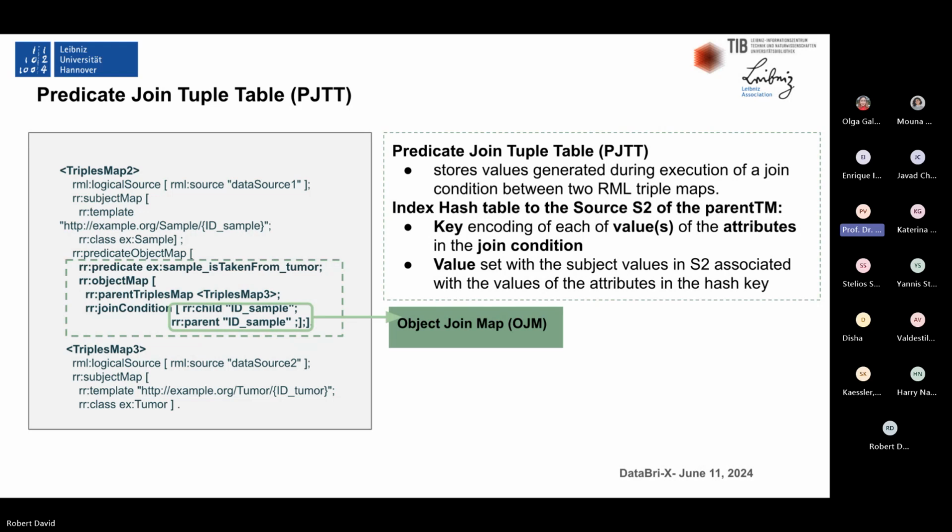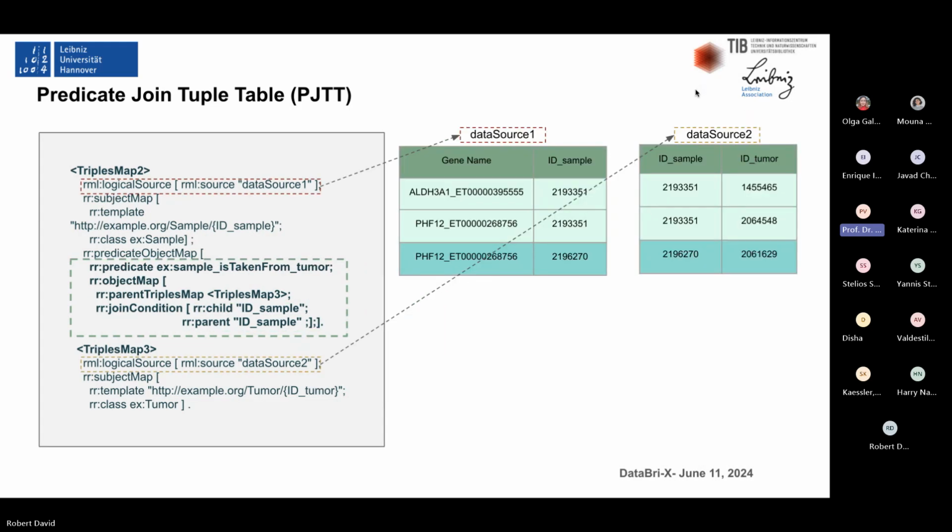This is what we call source one and source two. This index structure keeps an index for each of the tuples that have been joined in the process of executing these joins, in order to avoid generating duplicates when new triples are generated. So please go next, and then you will see what the meaning of that is.